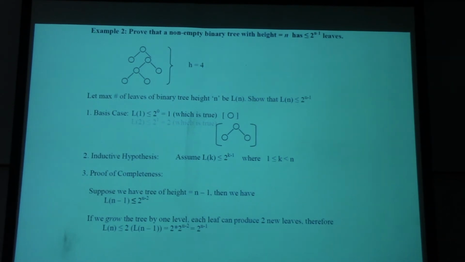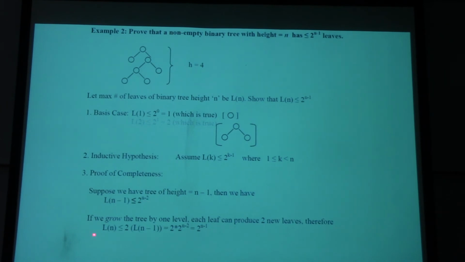Now, in order for us to grow the tree by 1 level, its height will go to n, because right now it's n minus 1. So each leaf has 0 children at this tree of n minus 1 height. Each leaf can produce 2 leaves.